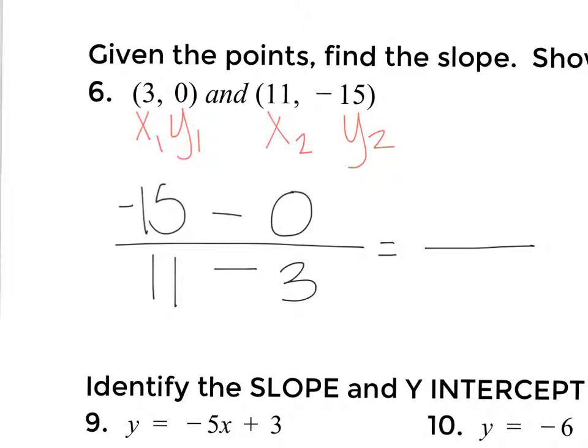Negative 15 minus 0 is negative 15. Don't get hung up on the fact that I put the negative in the numerator. It could go out in front. 11 minus 3 is 8. So your slope would be going down 15 to the right 8. I think you're glad I'm not having you graph that.